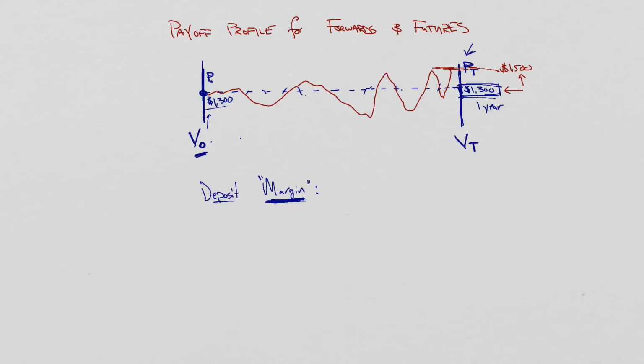And so that's what I was talking about, the VT minus V0. Your gain on this position is the $1,500 minus the $1,300. And all you had to put down for this position is the margin, which you got back in this case because it was a profit. So your profit is $200.